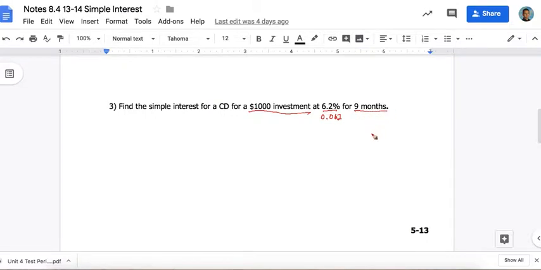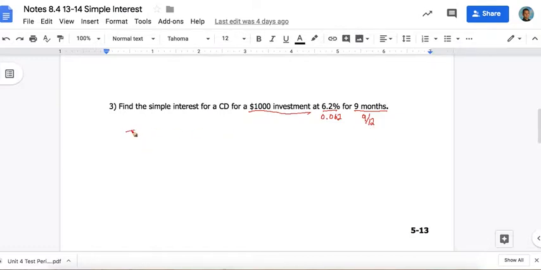Now, remember, time is in years, so if I give you months, then we've got to convert that to years. So there are 12 months in a year, so this would be 9/12. Or if you wanted to, you could change it to a decimal and it would be 0.75.